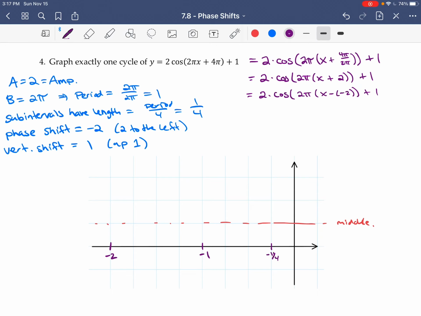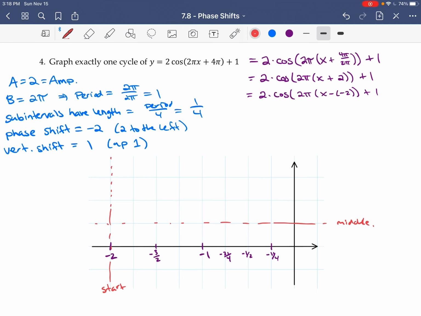So this is negative 1 over 4, negative 1/2, negative 3/4, etc. Okay, this is negative 1.5, so that's 3/2, etc. Okay, because my lengths are 1/4, so I'm going to make each one step 1/4. Okay, so that's why I did that. So negative 2, so this is where my start is. Oops, because I phase shift to that point.